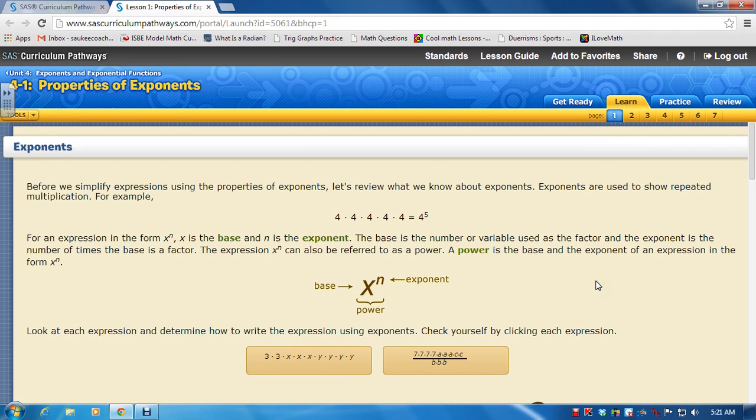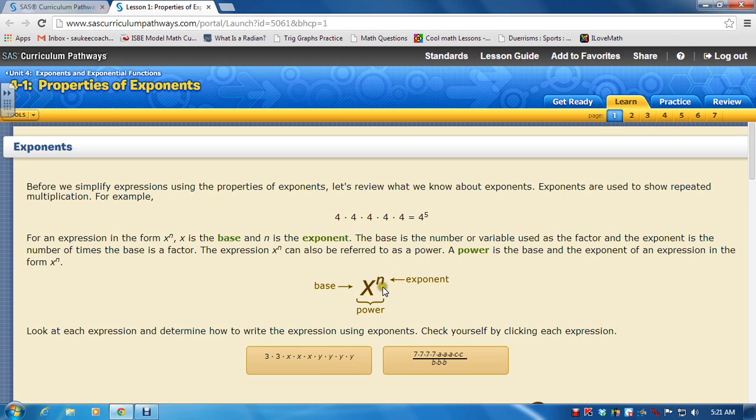First, some basics that we went over the other day. We're going to talk about base, power, and an exponent when we're dealing with these things. So our base is what we will be multiplying a certain number of times. So that's like what the 4 is here. That's what we will multiply by itself over and over again.